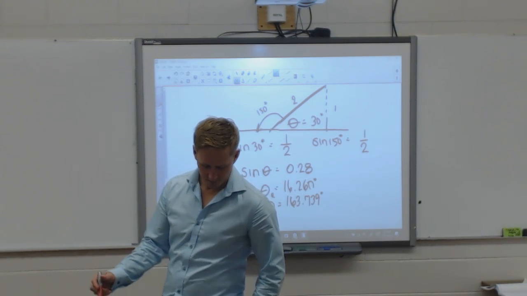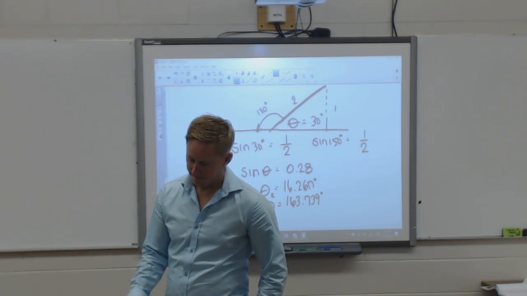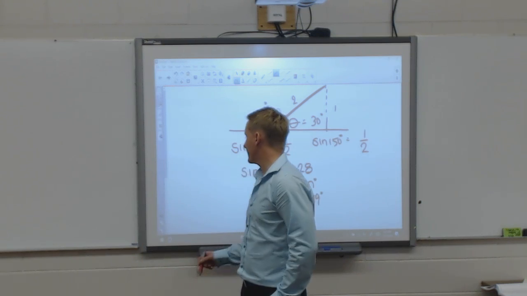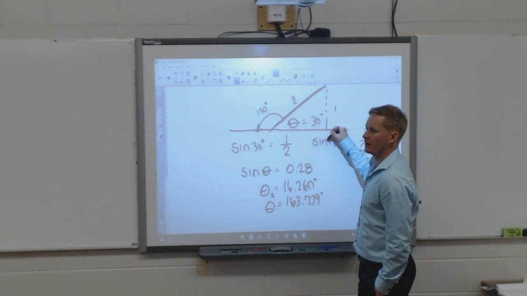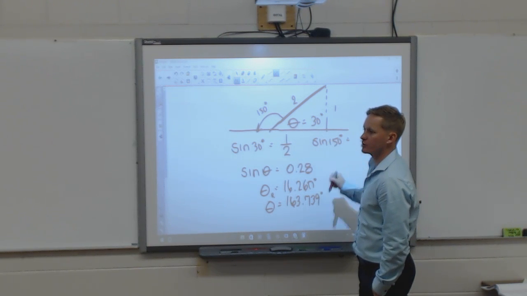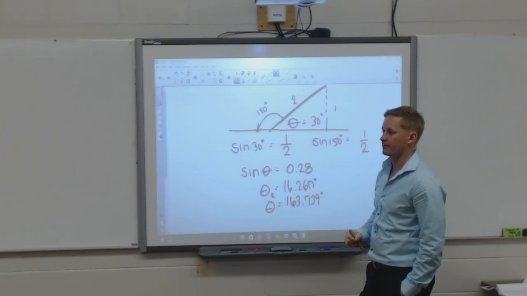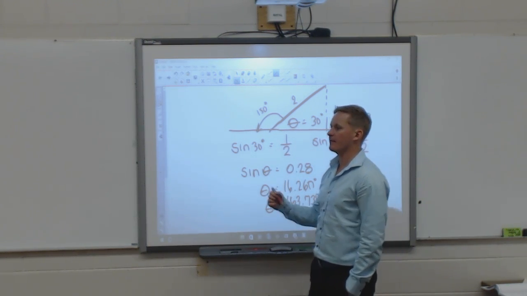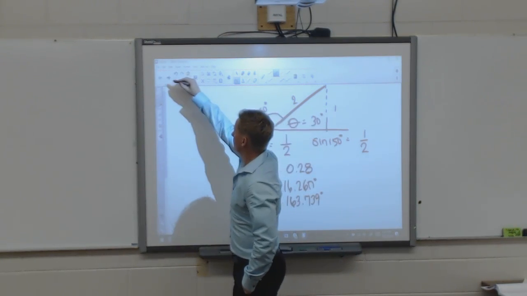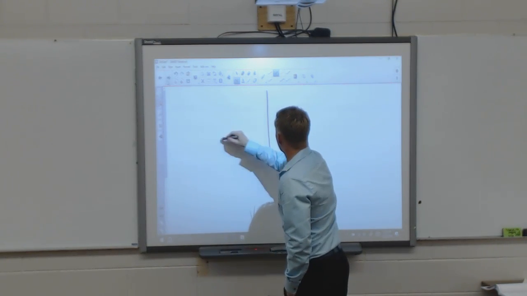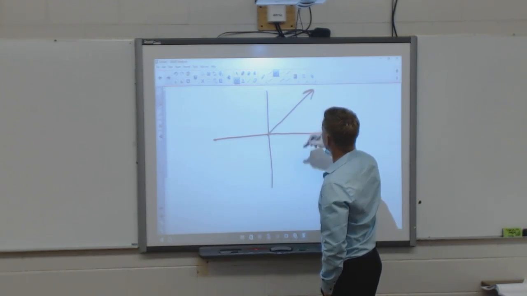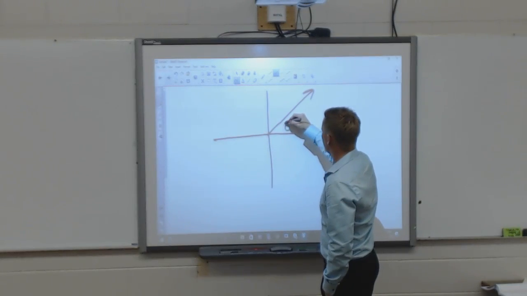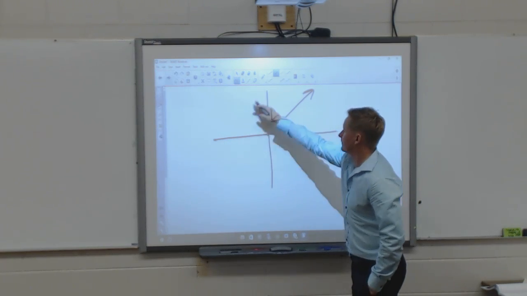Everyone's all right with that so far? How did you figure that out? Because if the angles are supplementary to each other, you'll end up with the exact same ratio for sine. It works every time for sine. So when you use second function sine, if it's a positive value, it will always give you an angle in the first quadrant of the graph.